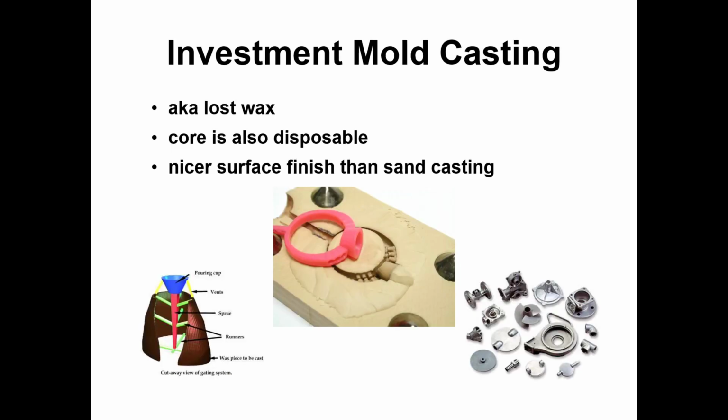One way to make the plaster mold is to use lost wax. This is used in jewelry as well as other things. Let's say you're making a ring, you'd build the original ring in wax, then you could pour plaster around that, and then when you pour the metal into the plaster mold, it just vaporizes the wax.